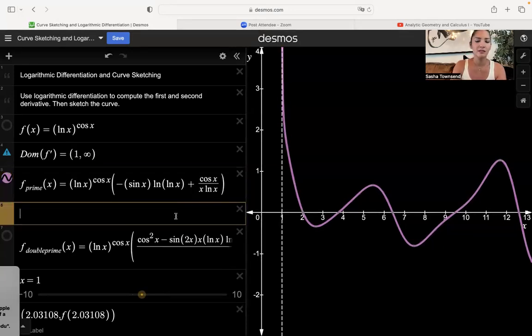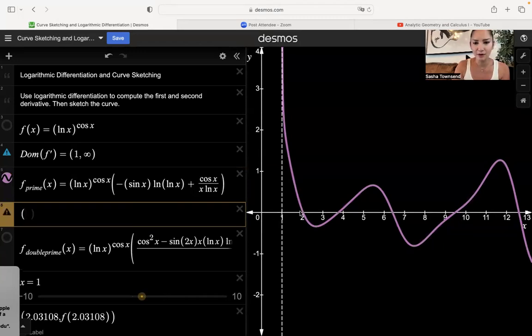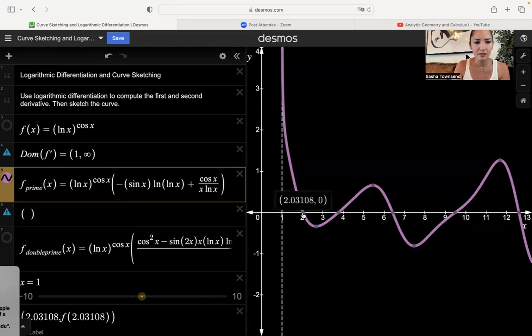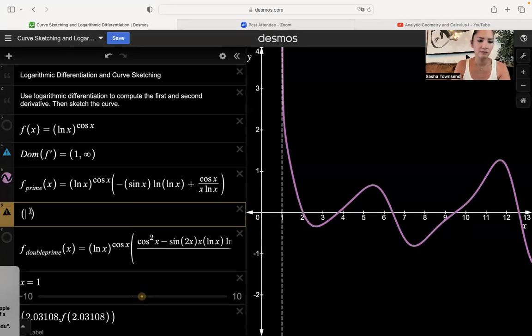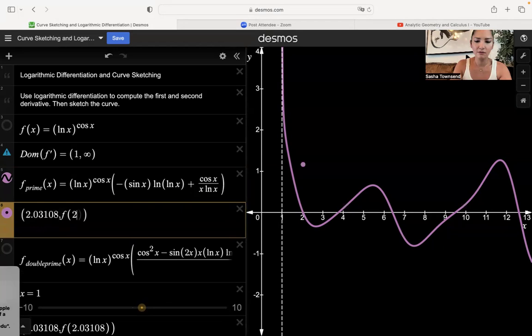original function. So let's see what those points are, or let's type those points and graph them. This is 2.03108. And we'll plot the xy pairs. So I'll evaluate the function there as well.